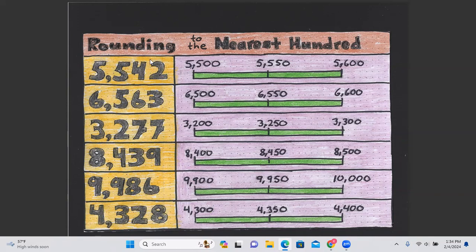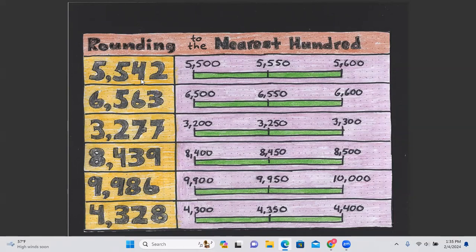5,542. And we're looking at this part, the 500 series, or the 100 series right here. And this number lies between 500 and 600. And which one is it closest to? Well, since we're rounding to the nearest hundred, let's look to the digit that is in the tens place, which is 4.